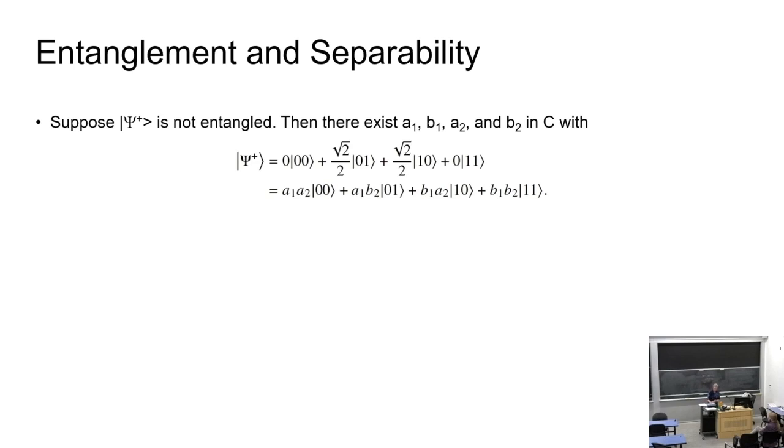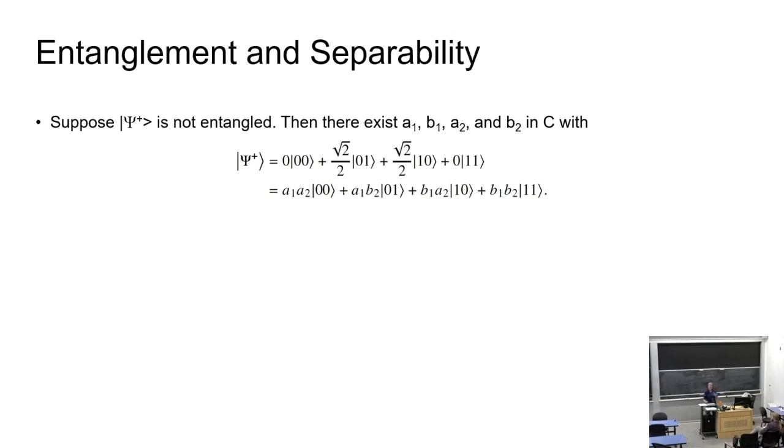So this would tell us that A1 A2 equals 0, A1 B2 equals square root of 2 over 2, B1 A2 equals square root of 2 over 2, and B1 B2 equals 0.